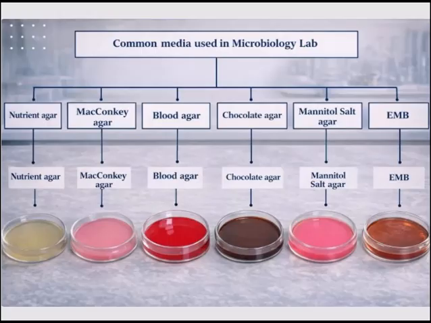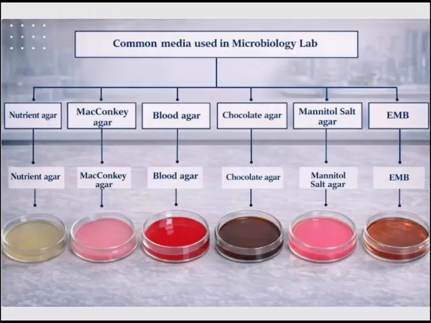MacConkey agar is selective for gram-negative bacteria, which means only gram-negative bacteria can grow on this kind of agar. And it's differential based on lactose fermentation. It has lactose fermenters, which form pink colonies, for example E. coli, and non-lactose fermenters, which form colorless colonies, for example Salmonella.